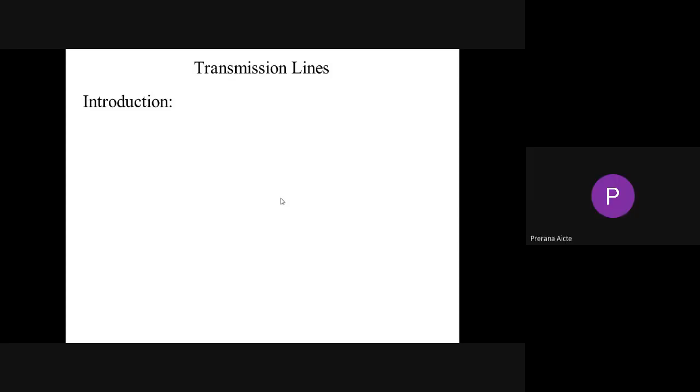So first of all, what is a transmission line? A transmission line is nothing but a conductor designed to carry electricity or an electrical signal over large distances with minimum losses and distortions.